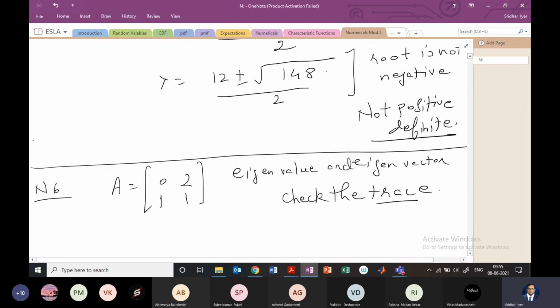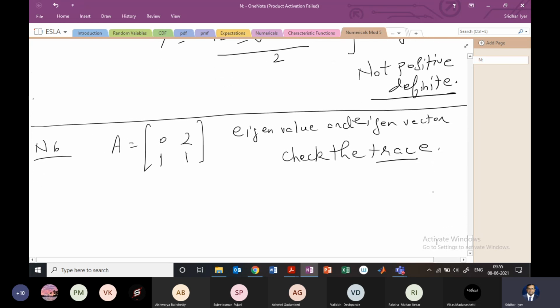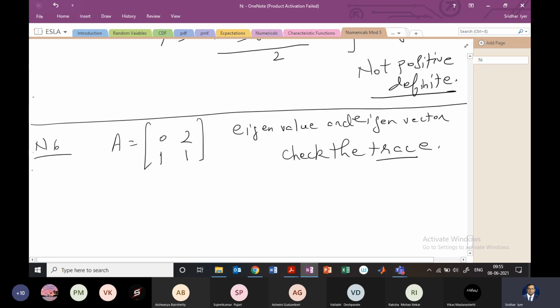In one of the problems in the class, I have told you what a trace is, so you need to look at that. Go back and see what a trace is. Solve this and we'll check the answer in the next class.